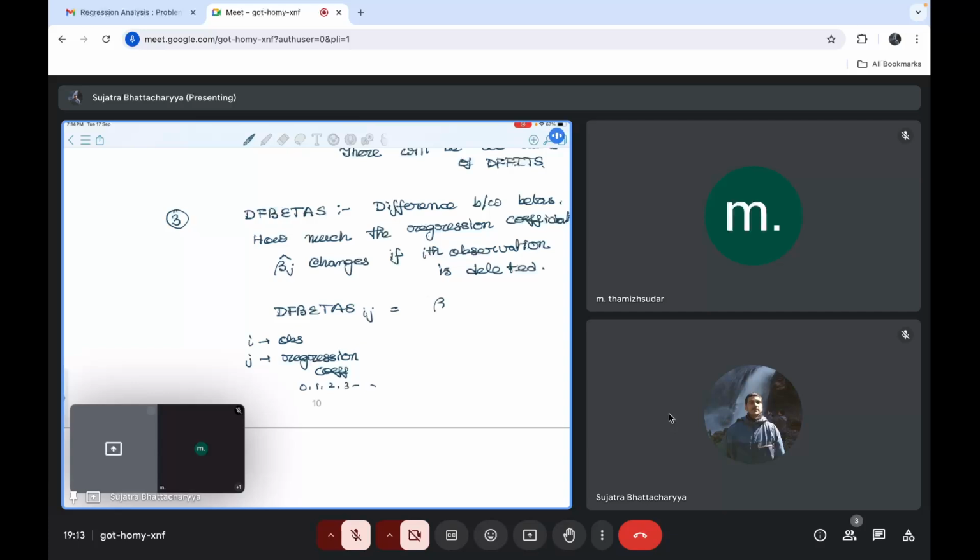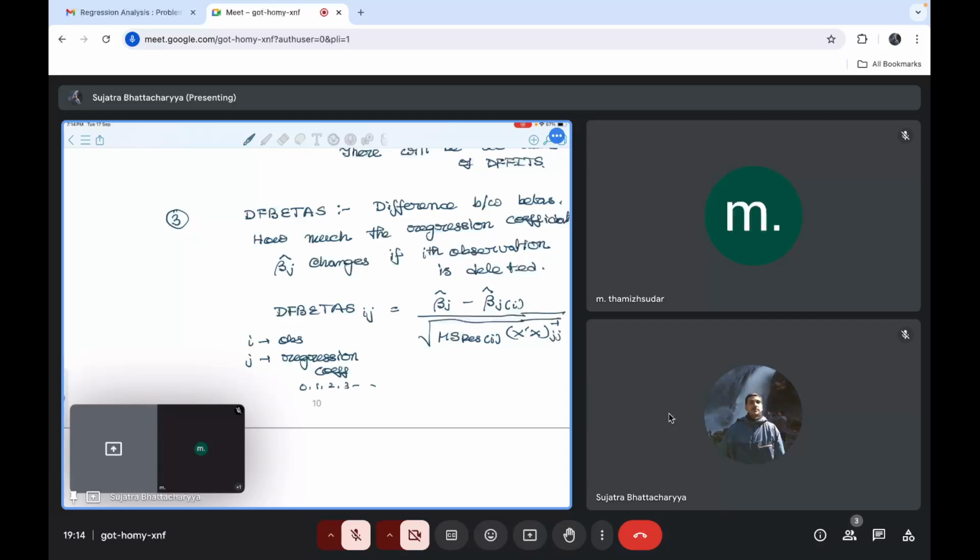So this will be beta j hat minus beta j hat with the ith observation deleted, divided by root over MS residual of i into, now this is the change, (X prime X) inverse jj element.